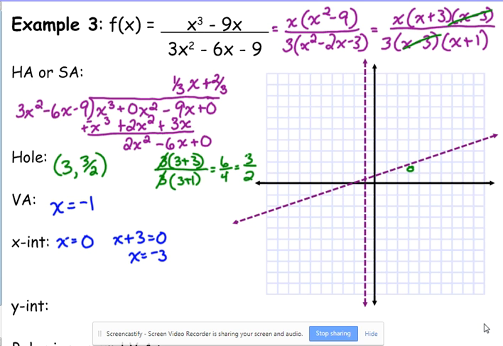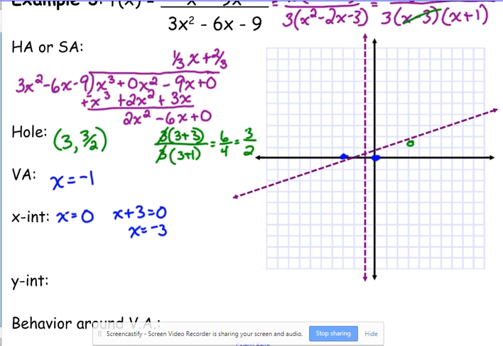So we've got 0 and -3. Well, guess what? Since our x-intercept was at x equals 0, that's also our y-intercept, because if x is 0, then y equals 0. So that's also our y-intercept, okay?